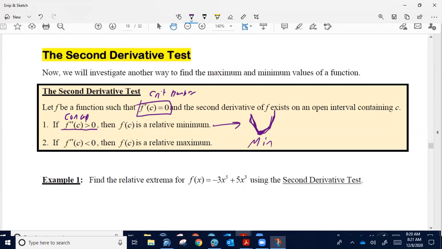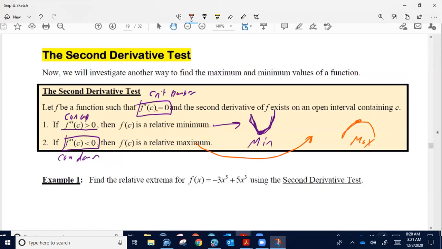Whereas if I have a critical number and the curve around it is concave down, the second derivative is a negative number, it would look kind of like this. You have a point, the critical number makes a point, around it is an upside down bowl. That's going to be a max.